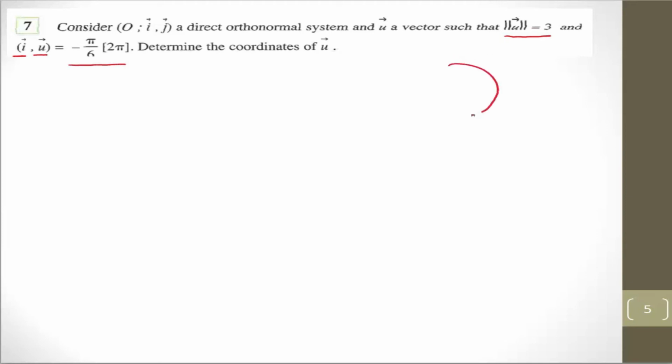So if you want to represent it, here is a quick sketch of the point that we have here. We have a circle of radius 3, so the radius equals 3.